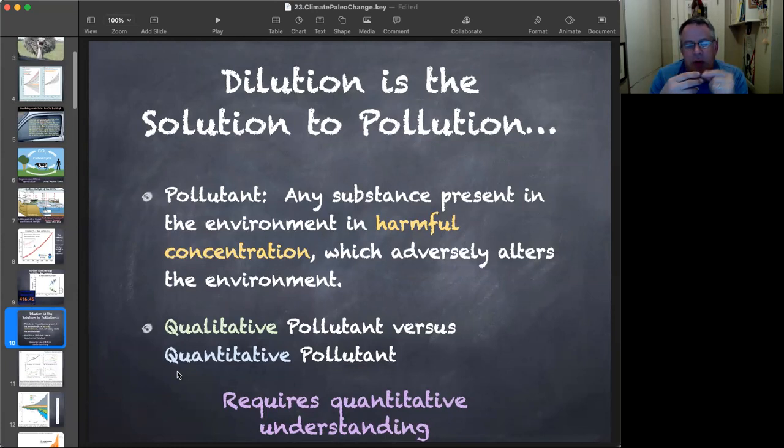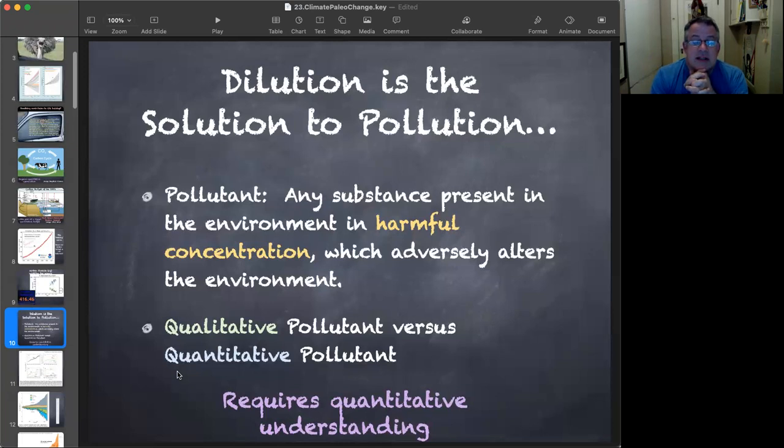So we could dilute it, which reduces the concentration, or we could capture it and concentrate it, but then leave the environmental part behind at a level that's low enough that it's not harmful. Or you could avoid releasing it in the first place.